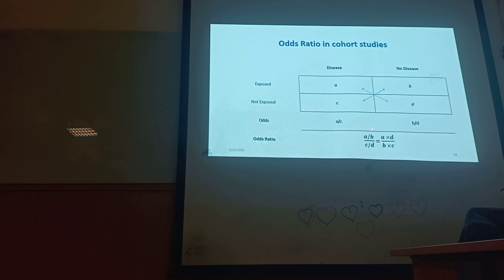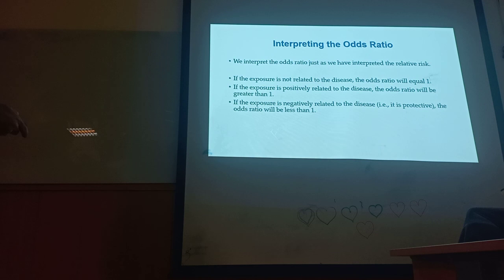A over B, okay, divided by C over D. But in case control studies, A over C divided by B over D. But the result is the same. That's why we say odds ratio is cross product ratio. This is cross product ratio because it's calculated the same way in case control studies and cohort studies.